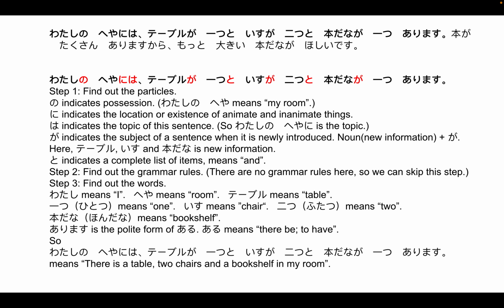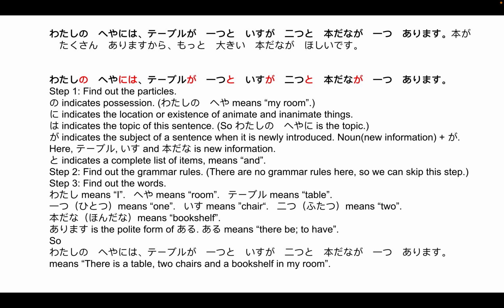Okay. 私の部屋にはテーブルが1つと椅子が2つと本棚が1つあります。No indicates possession. Ni indicates the location or existence of animate and inanimate things. Wa indicates the topic of this sentence. So 私の部屋に is the topic.